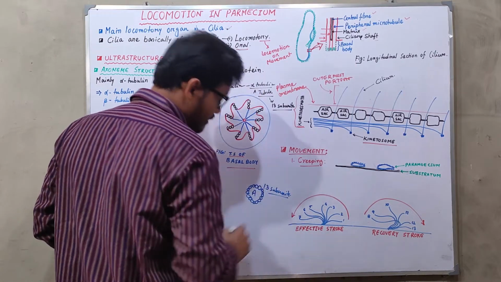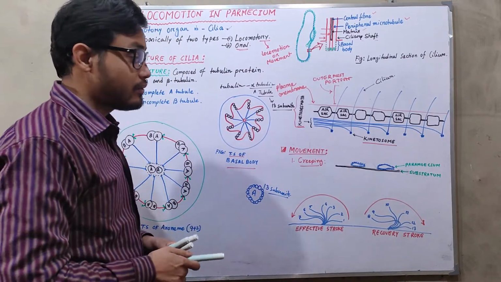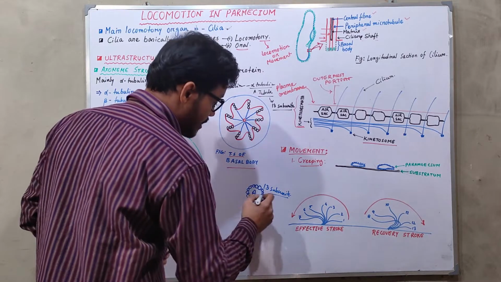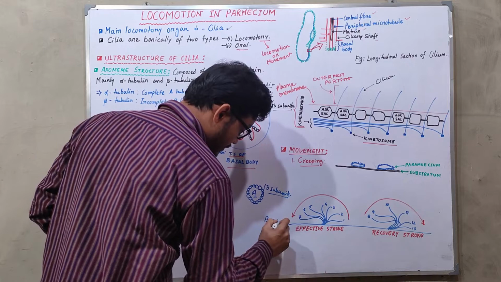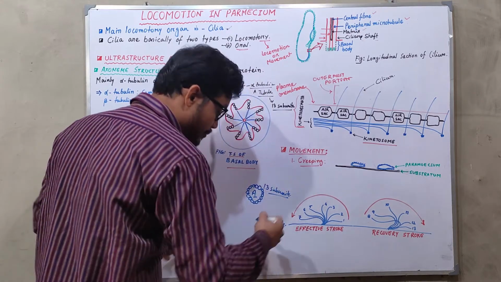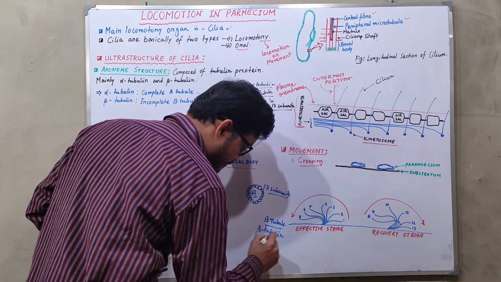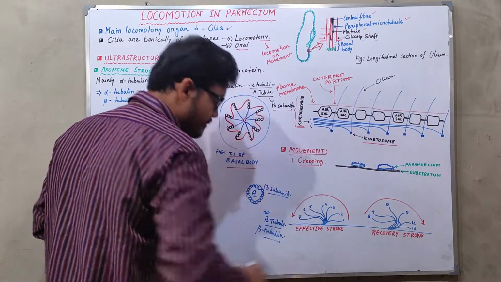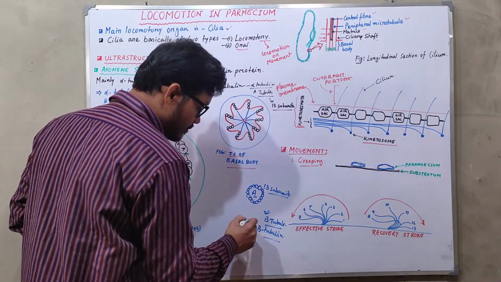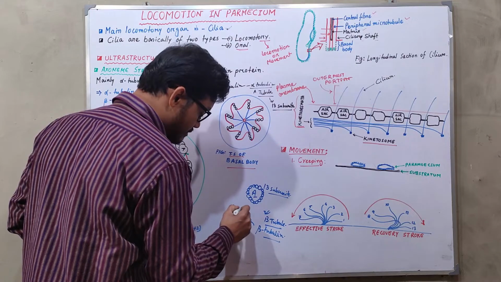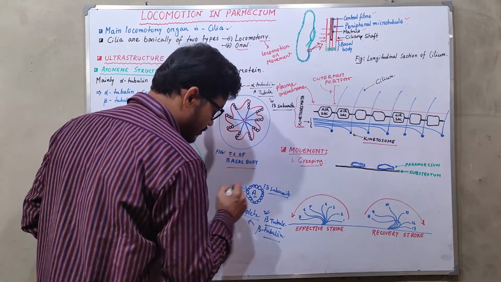But when we look at the axoneme structure, we find two different structures: one is the A tubule and another is the B tubule. The B tubule is made by another protein, beta tubulin, and B tubules are incomplete tubules. The complete A tubule is present here.